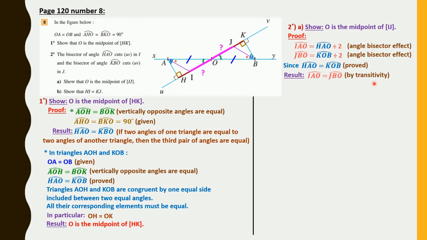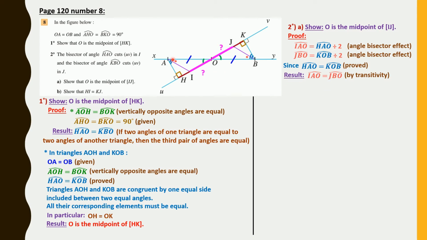So here, to prove that these two angles are equal, we proved that they are the halves of two equal angles. Then by transitivity they are equal. So we use the angle bisector property to write these two equations.